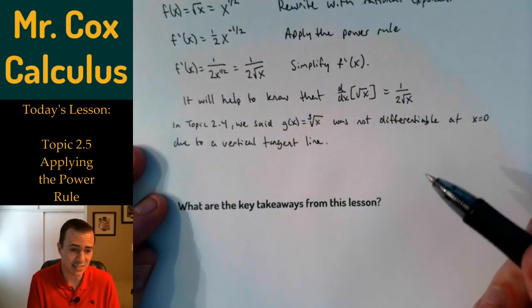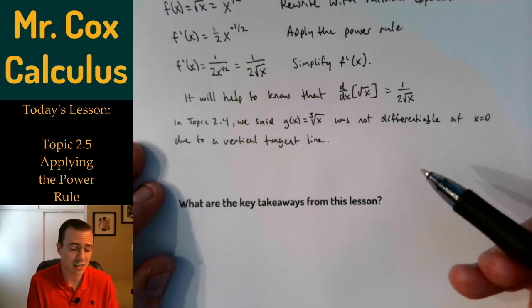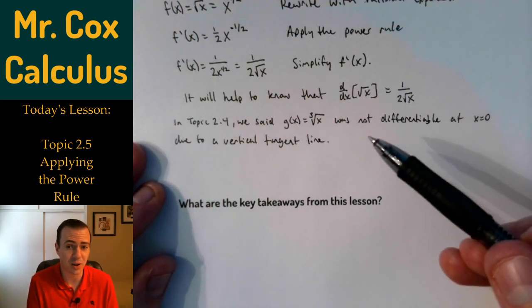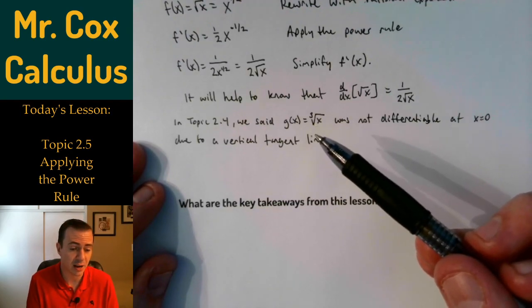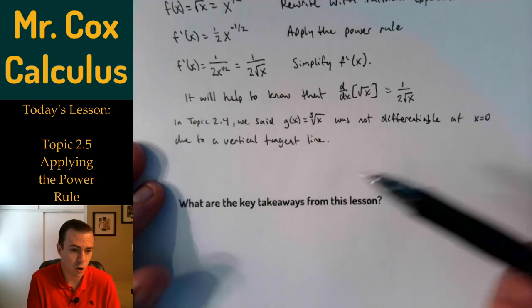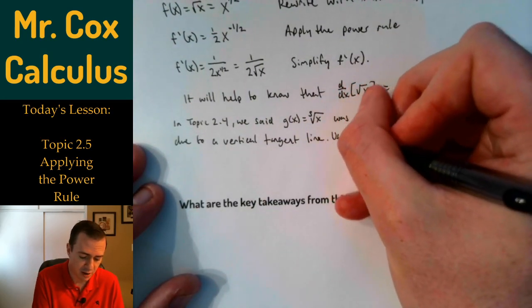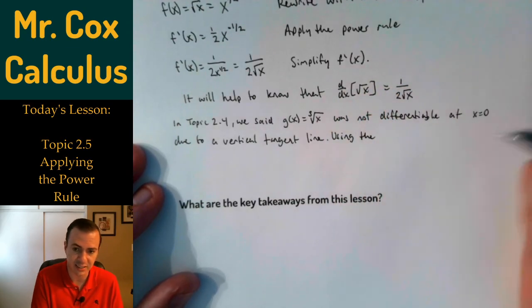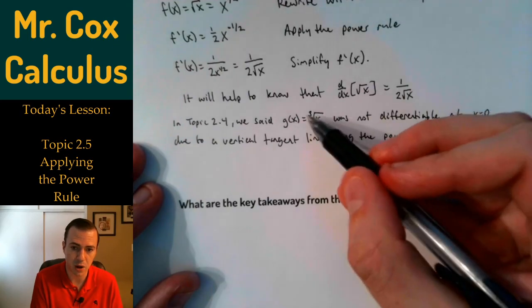And if you can't see a vertical tangent line, because sometimes they are kind of hard to visualize, you're really taking my word for it that the derivative was undefined at 0 for this function because of that undefined slope of a vertical tangent line. But using the power rule, you can analytically see what happens at x equals 0, the derivative of this function.